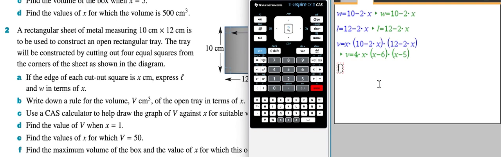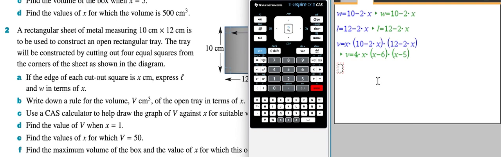Simplified, taking the 2 out of the first bracket gives me x minus 5. Taking 2 out of the second bracket, I can take the negative 2 out. Negative 2 times negative 2 is positive 4.